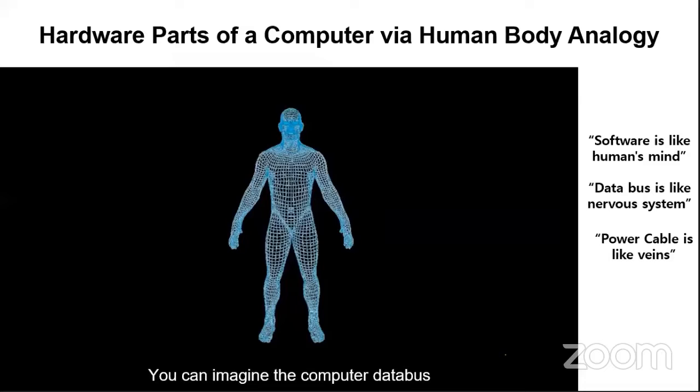We can imagine the computer data bus is like the human body nervous system, whereby the former is for transmitting data and the latter is for transmitting signal. Power cable is like the veins. Veins transmit blood for the body, while power cable supply the electrical power to the computer. Finally, software is like the human's mind, in which both will process the raw input data into useful information.